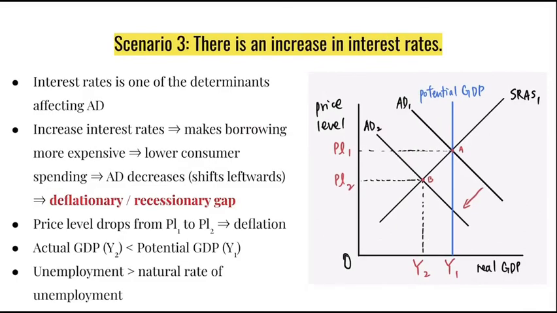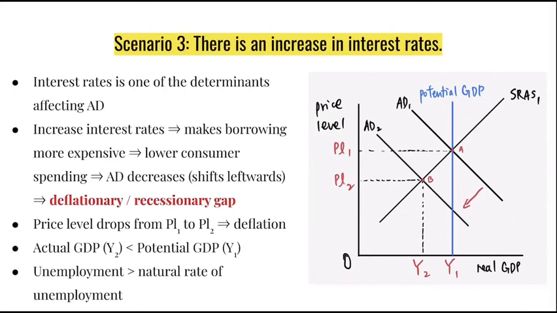Moving on to scenario 3, there is an increase in interest rates. Interest rate is one of the determinants affecting AD. Therefore, increasing interest rates makes borrowing more expensive, which lowers consumer spending. So therefore, the AD decreases and shifts leftwards from AD1 to AD2, leading to a deflationary or a recessionary gap.